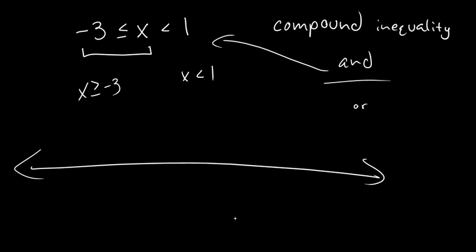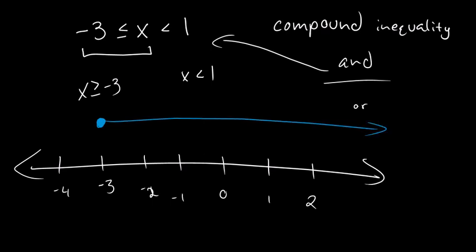So for this one, I want to go at least from -3, so let's go -4, -3, -2, -1, 0, 1, 2. Alright, that should work. They're nice and evenly spaced. And x is greater than or equal to -3, so I'm going to do just a little bit of a sketch up top. x is greater than or equal to, so that's going to be a solid circle at -3.